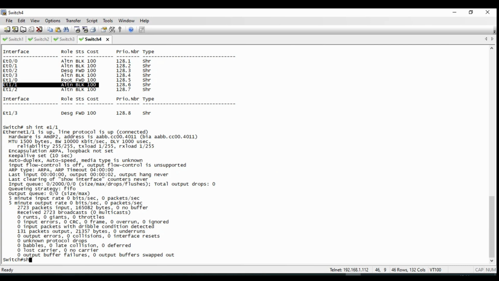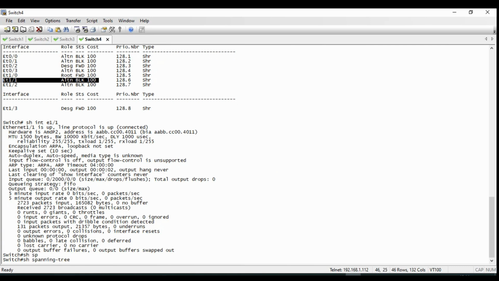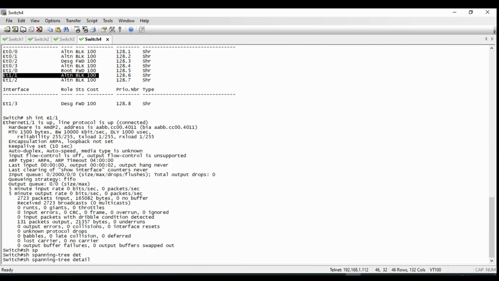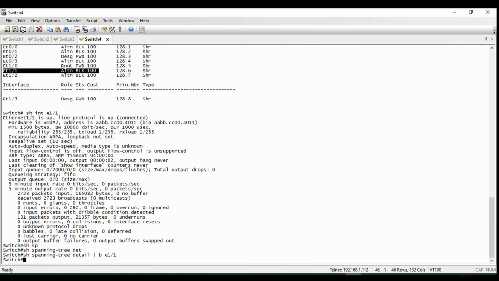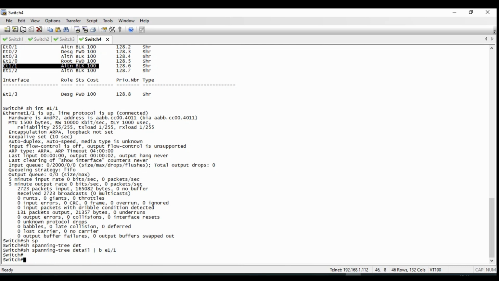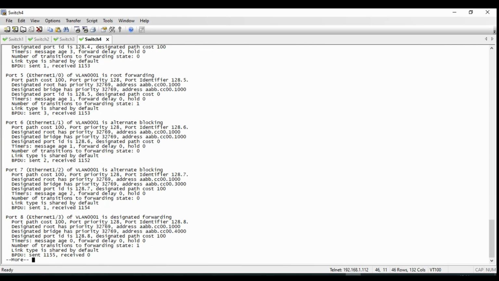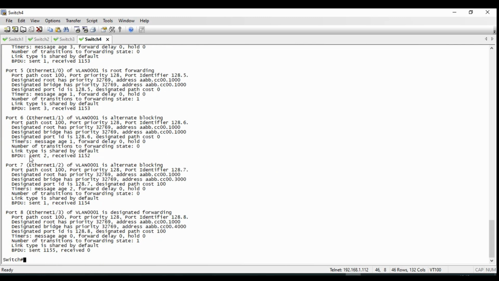Okay, let me show you. Spanning tree detail E1/1. Okay, that's one. BPDUs sent and received.